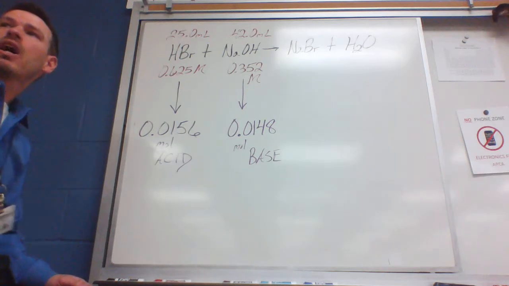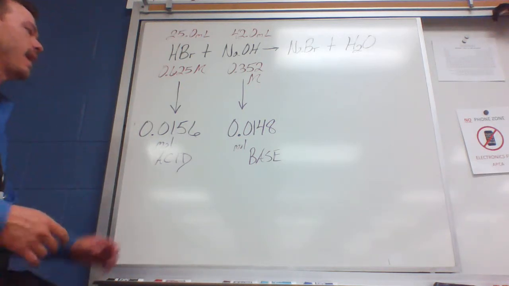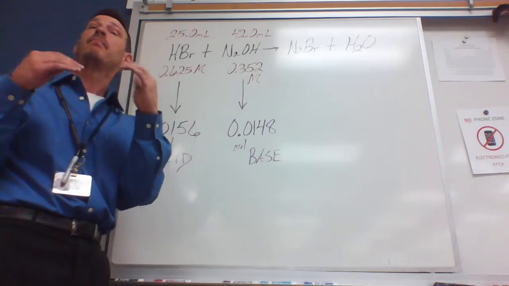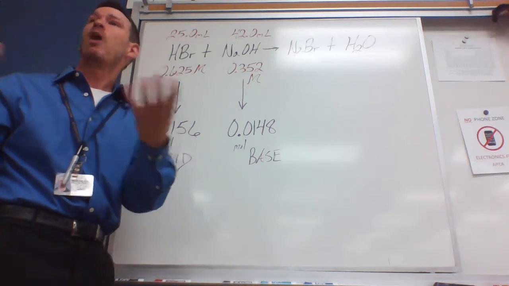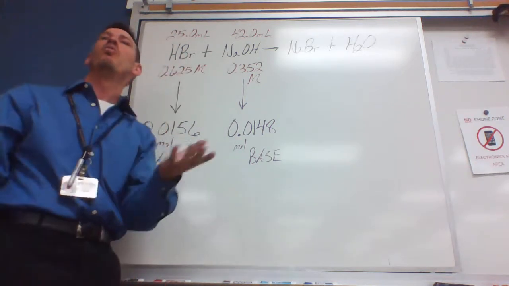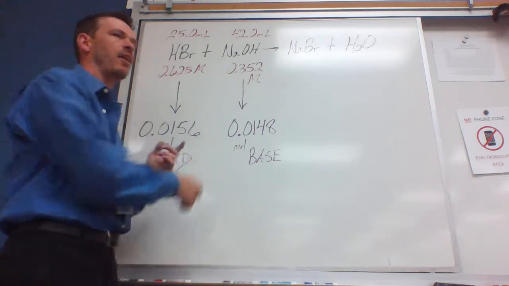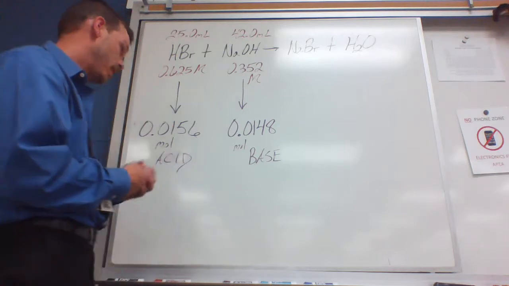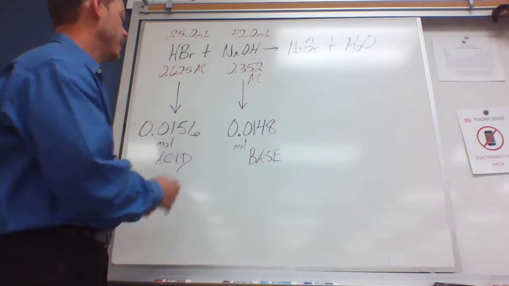Remember, the shortcut for limiting reactant is that if you know the mole count of both reactants and you simply divide them by their coefficients, the smaller number can win right there. What are the coefficients? They're both 1, which means we can use these values to determine which one will be used up first. Which reactant's going to be used up first? The base.